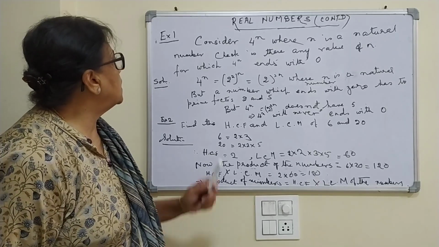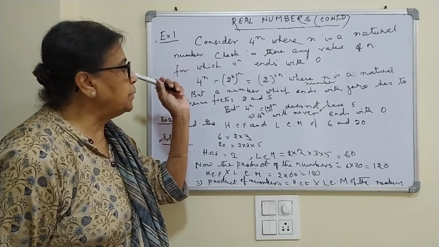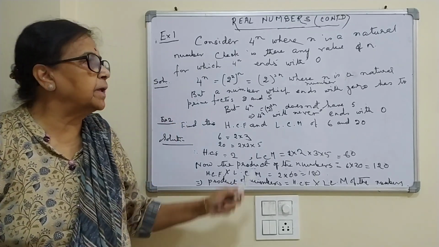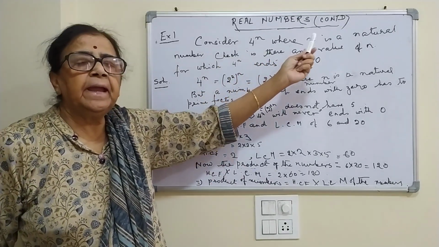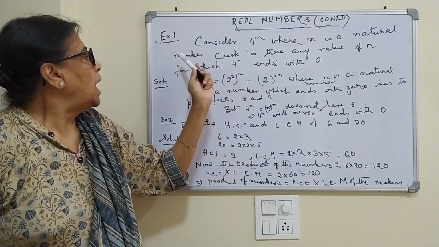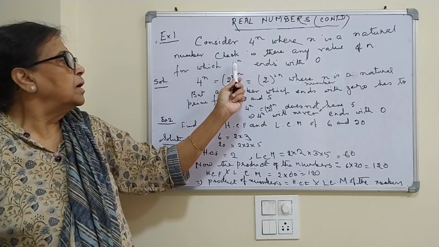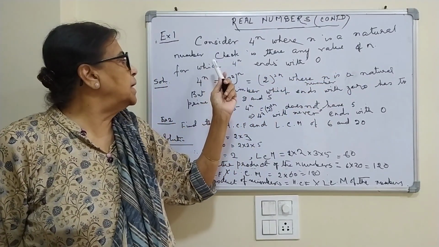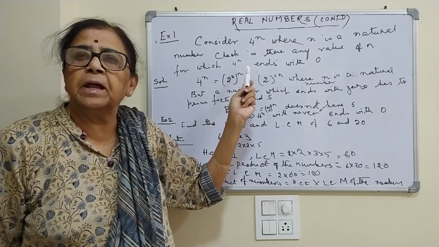Real numbers continued. So we will solve the sums. Consider 4 raised to the power n, where n is a natural number, and check whether there is any value of n for which the number 4 raised to the power n ends with 0.